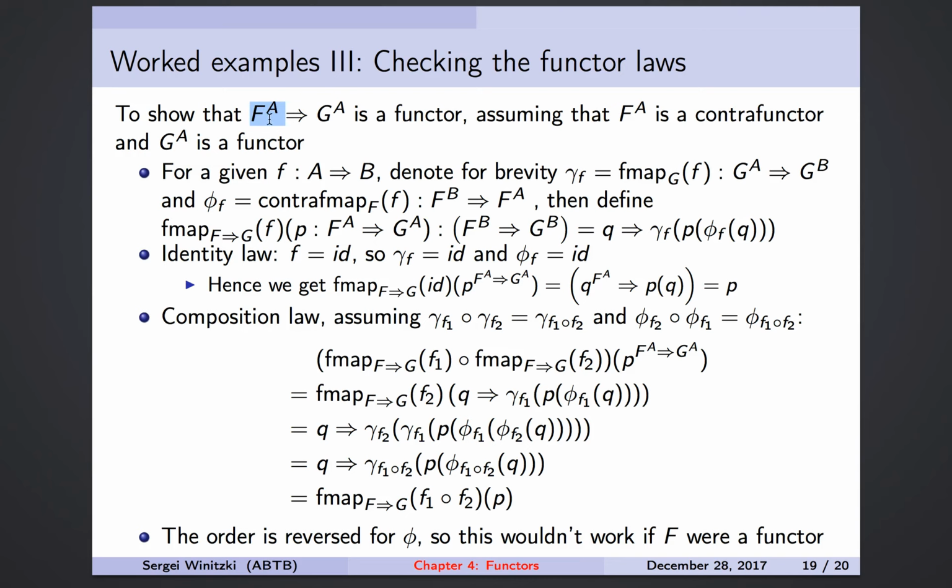If this were a functor, then being on the left makes the whole thing contravariant in A, and that's wrong for the functor. So this is our intuition, and it is correct, as we have just shown. A contrafunctor behind the arrow, or to the left of the arrow, becomes covariant, and vice versa.